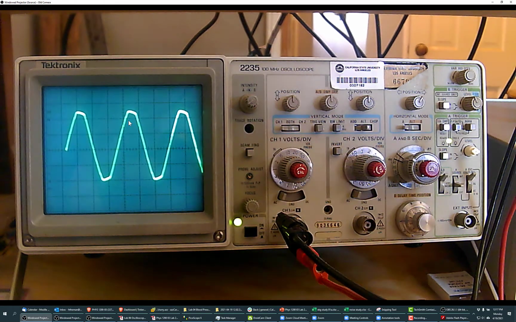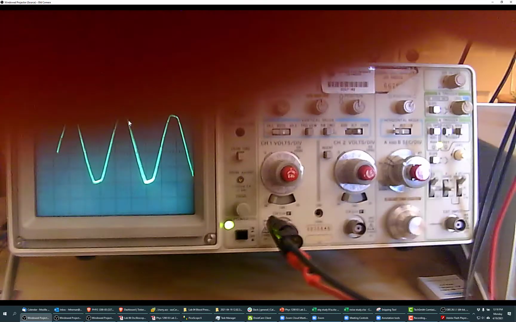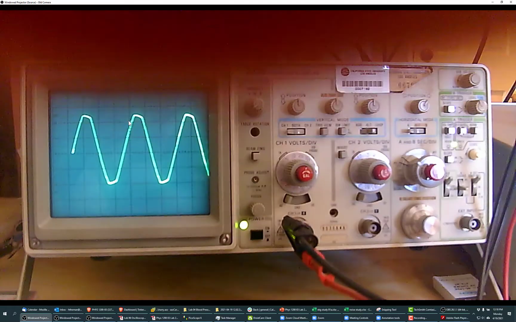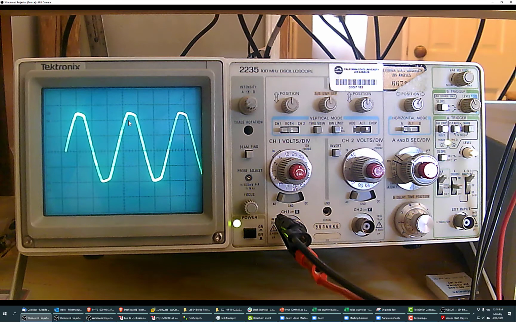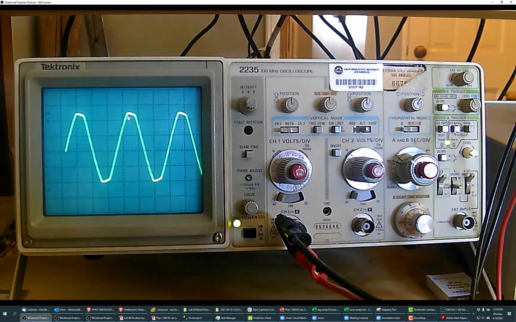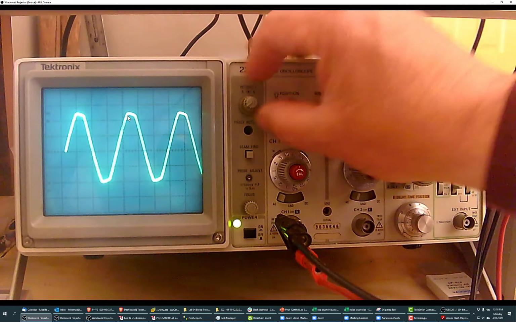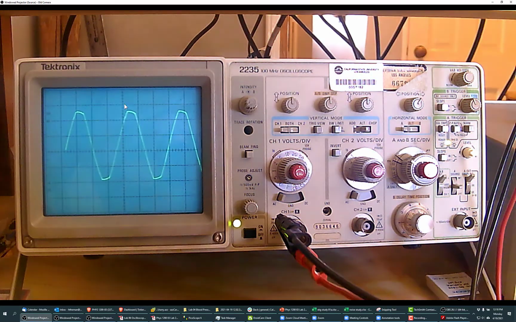See if I can focus this better. That's as focused as it wants to get. So it looks like it's, yeah. I'll turn down the intensity, that's right. There we go.